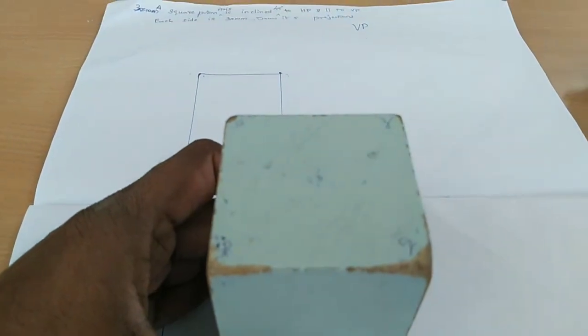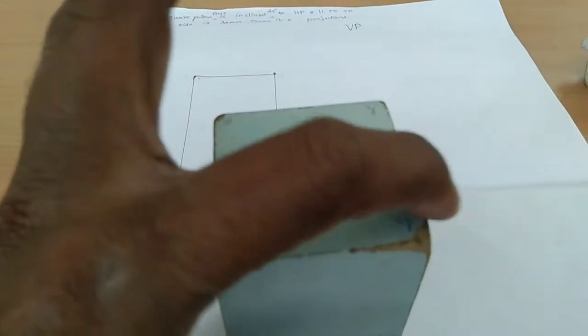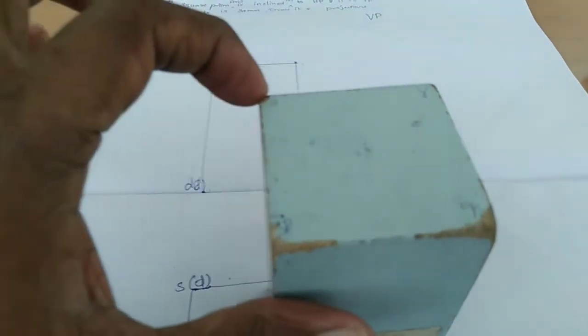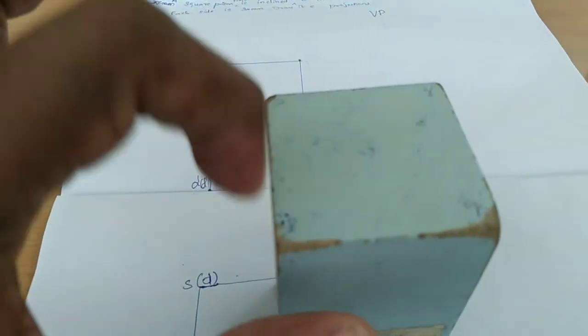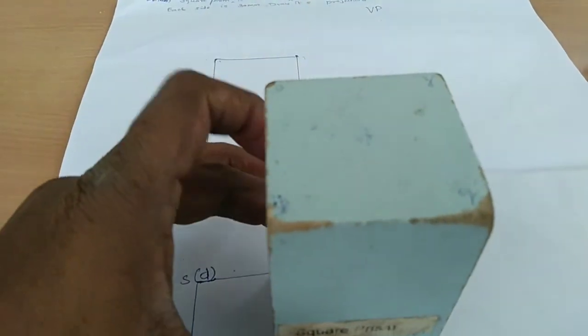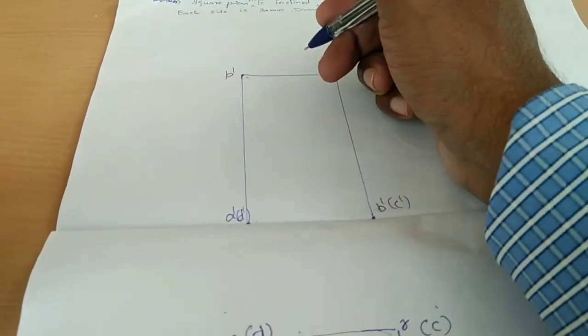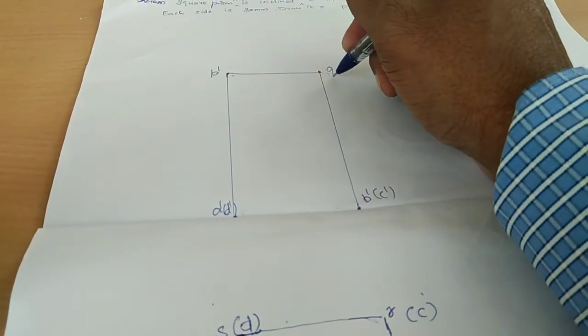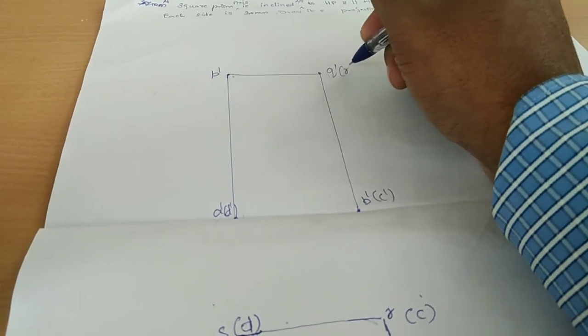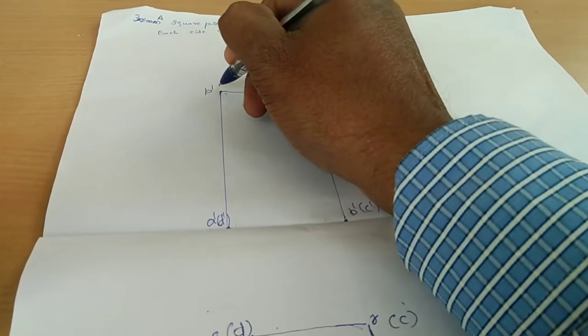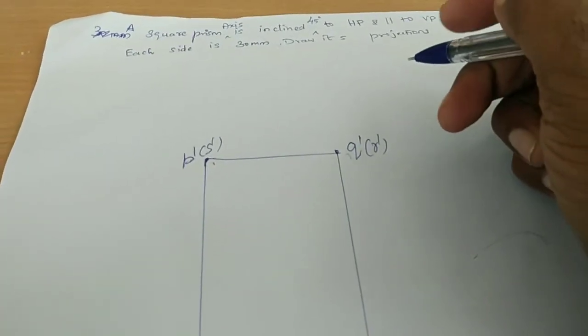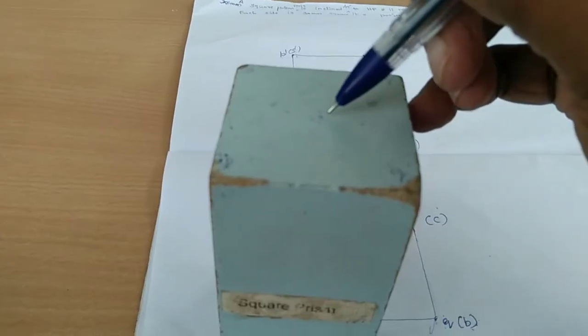Bottom portion is completed, and we have to denote the letters in the top portion too. P dash and Q dash, the front portion, are visible, and S dash and R dash are not visible.